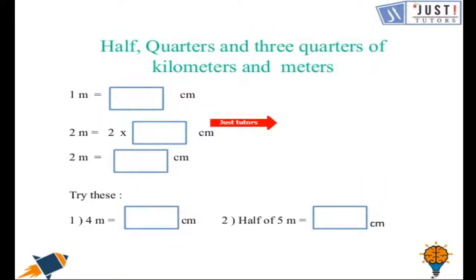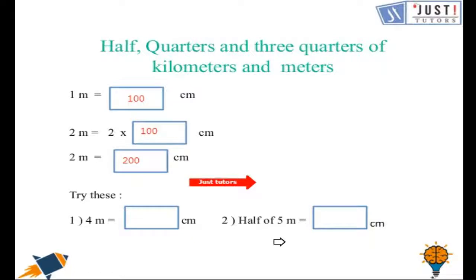Now let's learn how to convert meters into centimeters. As we know, 1 meter is equal to 100 centimeters. So to find 2 meters, we can multiply 100 by 2 to get 2 meters in centimeters. So 2 meters is equal to 200 centimeters. You can use the same strategy to solve these two questions.